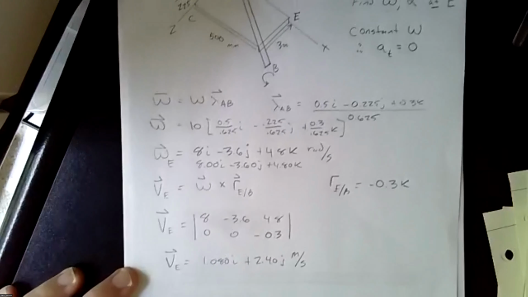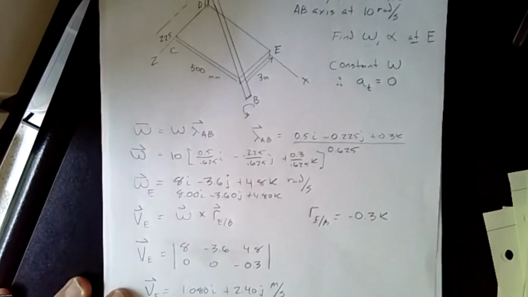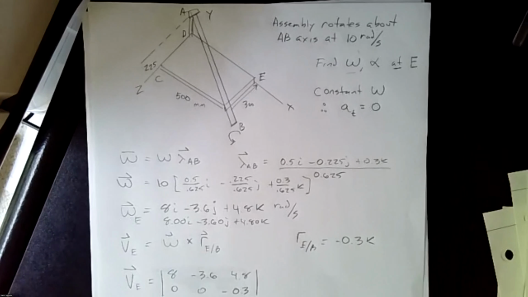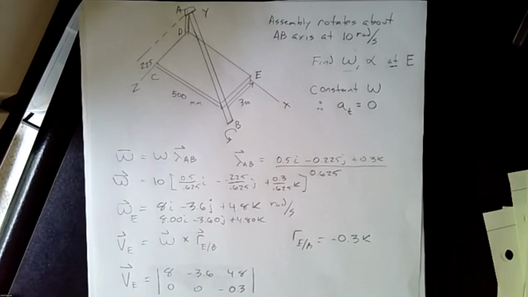Okay. And then we're also supposed to find our acceleration. We know that acceleration has normal and tangential components, but because we're told it rotates at 10 radians per second, that means it's constant. There's no tangential acceleration, but we still have A normal, and that's what we have to calculate now.